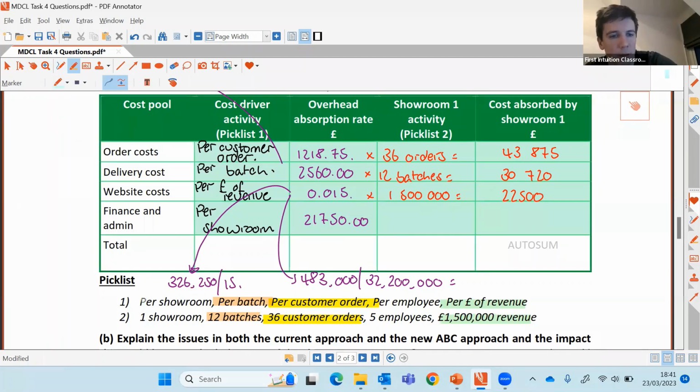This bit's not a trick. We are doing this for one showroom. So it is a case, quite simply, of multiplying it by 1. So rather nicely, 21,750.